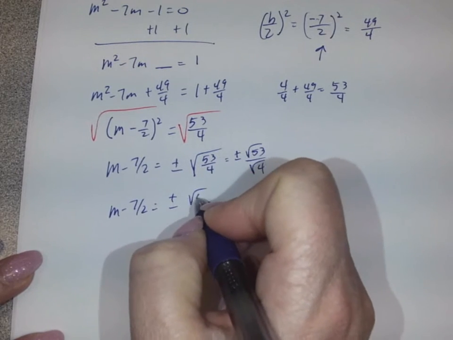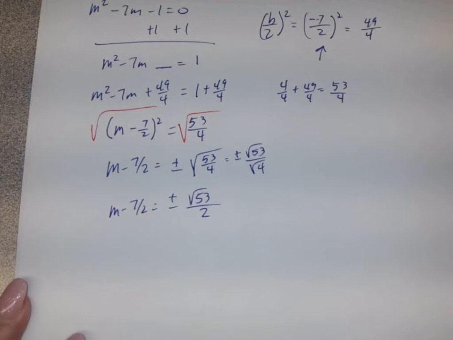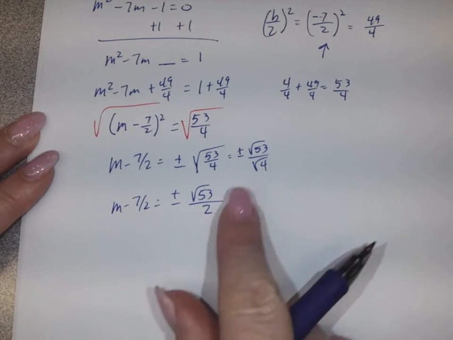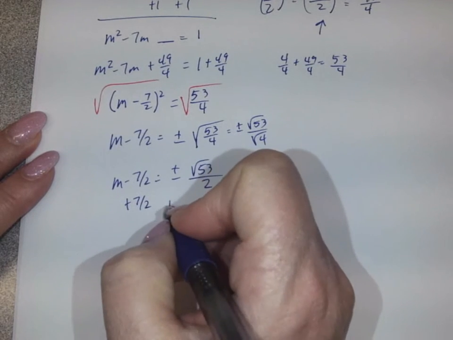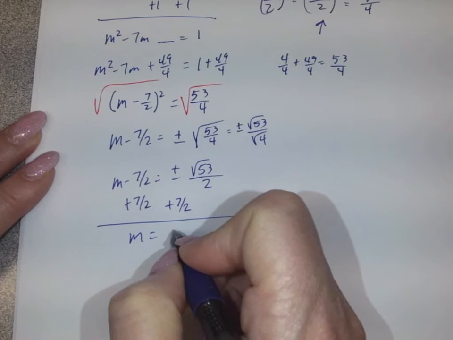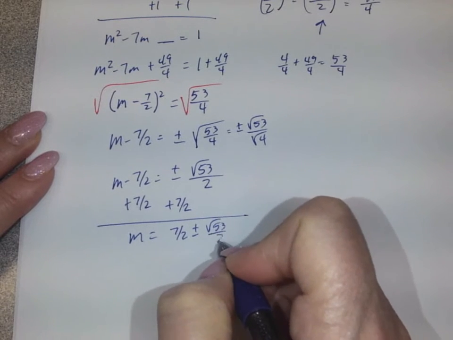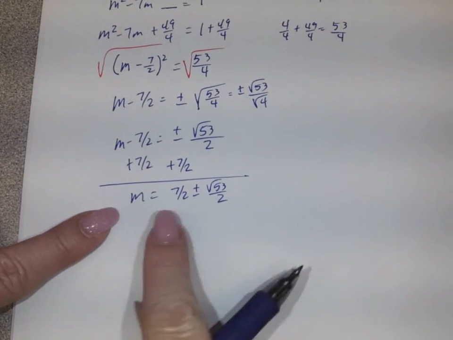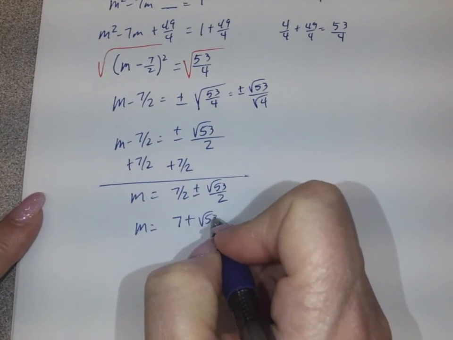So we end up with the square root of 4 being equal to 2. Now we'll add the 7/2 to both sides and get m is equal to 7/2 plus or minus the square root of 53/2. Well, those have the same denominator, so m is equal to 7 plus or minus the square root of 53 all over 2. And that would be our final answer for that problem.